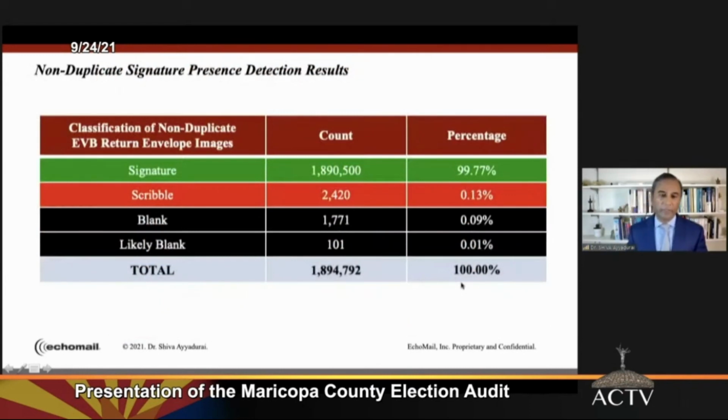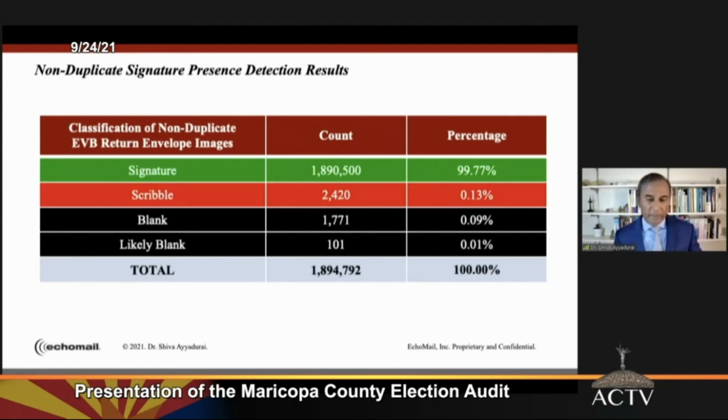We're first going to look at the non-duplicates, which means all those early voting ballot, EVB to be simple, return envelopes which were non-duplicates. Here we see predominantly 99.77%, we denoted a signature, meaning anything greater than 1% pixel density. These scribbles we found were 0.13%, 2,420.